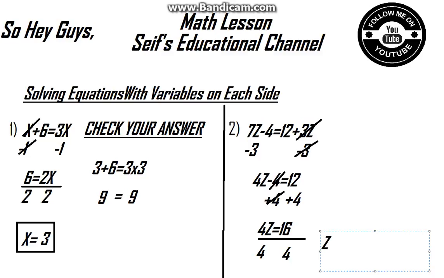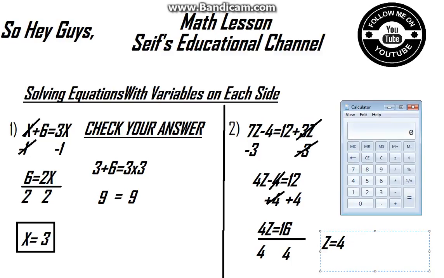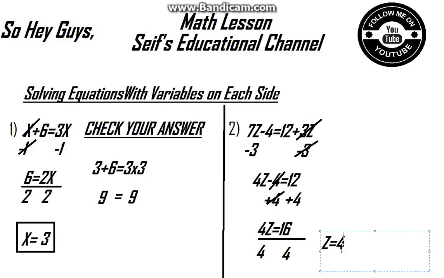So z equals 4 because 16 divided by 4 equals 4. That was the answer for number 2.